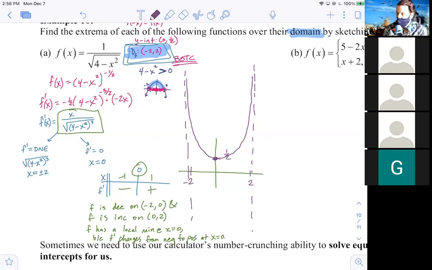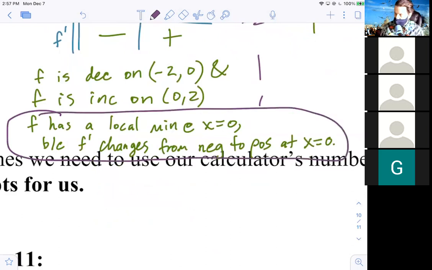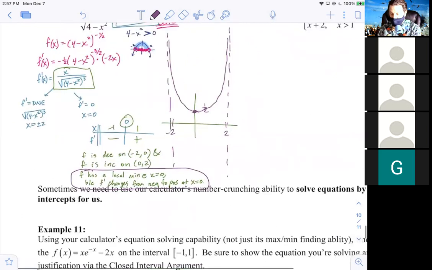That's what the graph looks like, okay? Not only does this function have a local minimum at x equals 0, but it also has an absolute or a global minimum at x equals 0 because of the way it looks, okay? Now, there is a way to change this local argument to a global argument, but we'll talk about that later when you have to justify it.